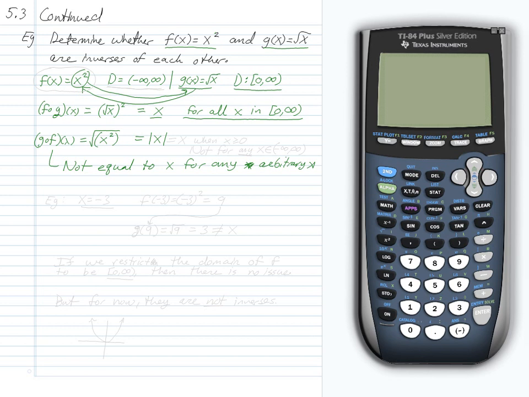This is equal to x, for instance, if x is 0 or greater. So this is only equal to x when x is greater than or equal to 0, not for any possible x in that domain of the inner function, this time negative infinity to infinity.